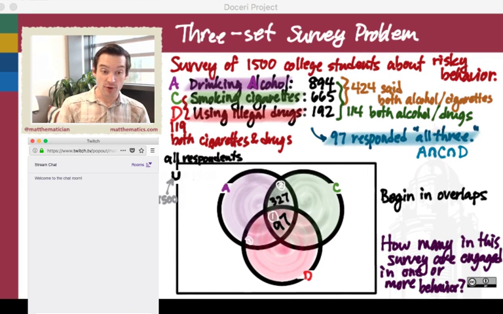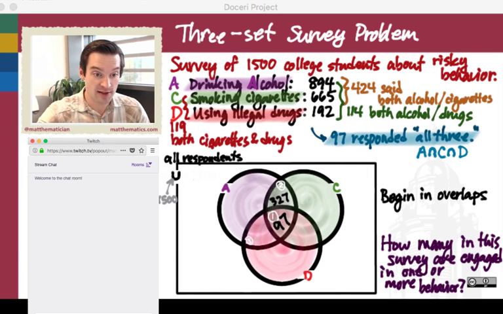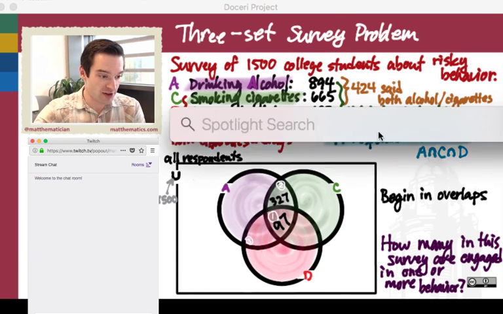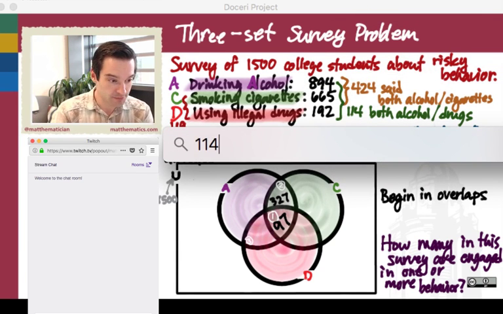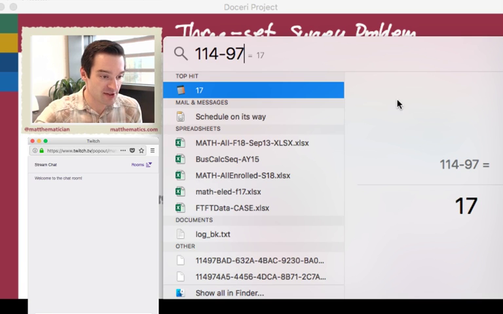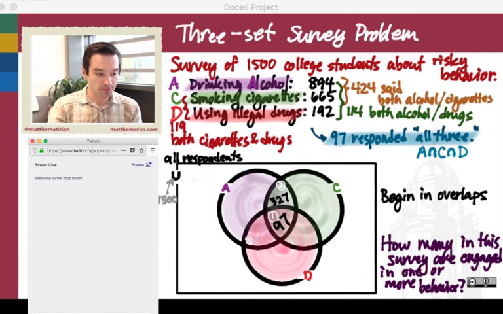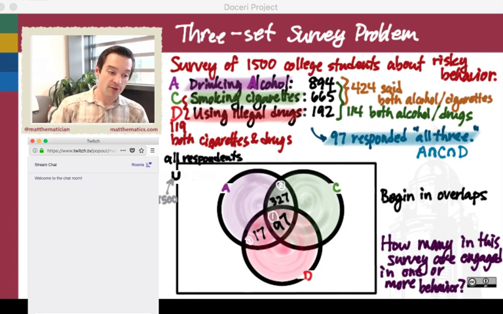So to figure out how many do just two out of the three, we have to take those 97 away, just as we did in the last example. So from my 114, I'm going to take away 97. And I find out that there's 17 people in my survey who drink alcohol and use illegal drugs, but who don't smoke cigarettes, at least. So there's 17 in that double intersection.